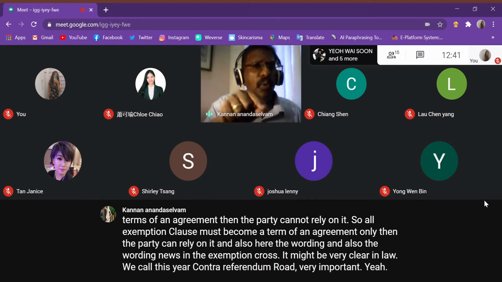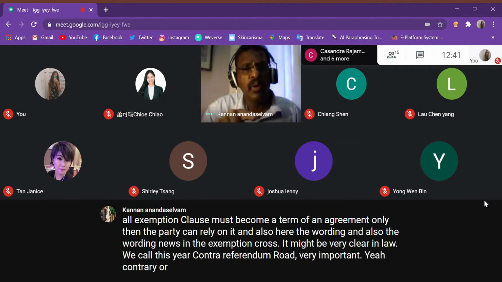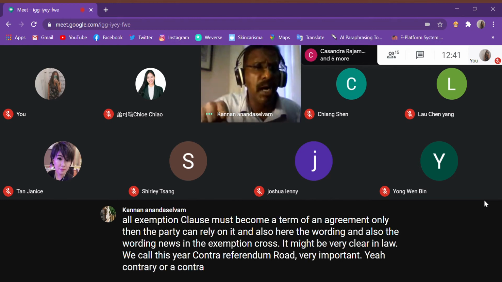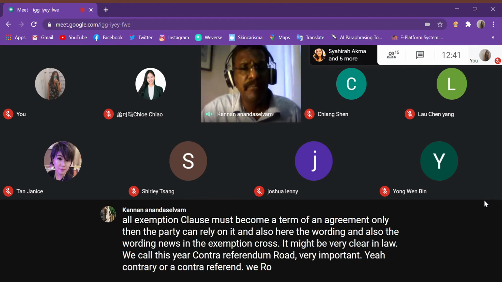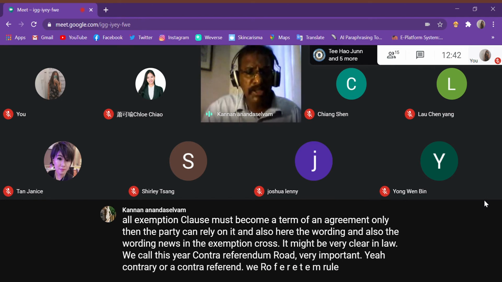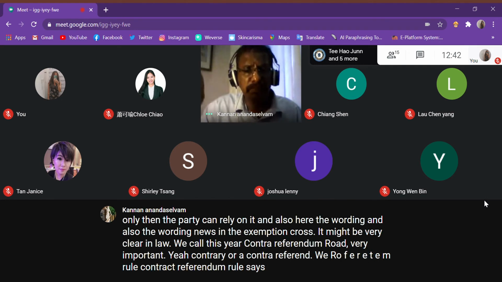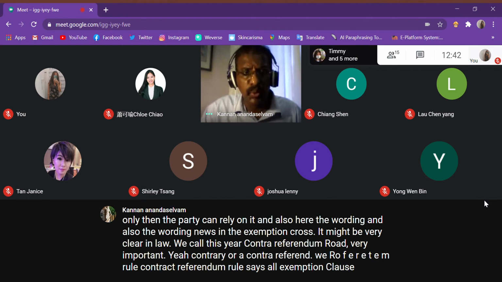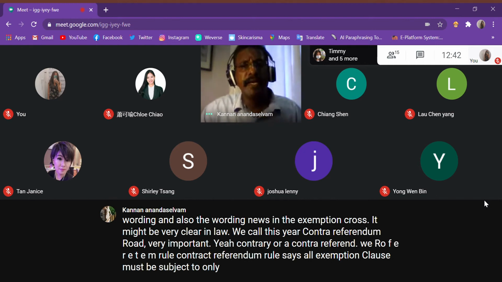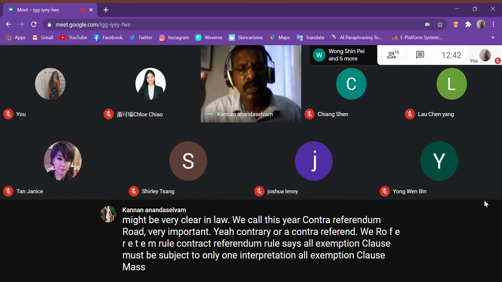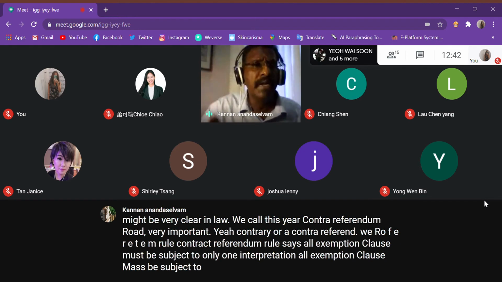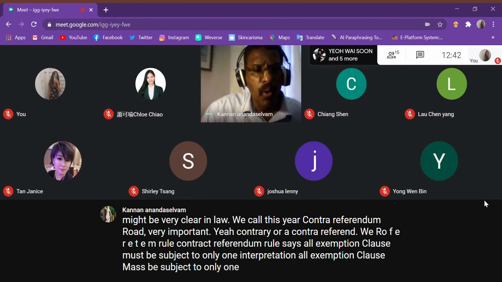Contra, C-O-N-T-R-A, contra proferentem rule. The contra proferentem rule says all exemption clauses must be subject to only one interpretation, comma.